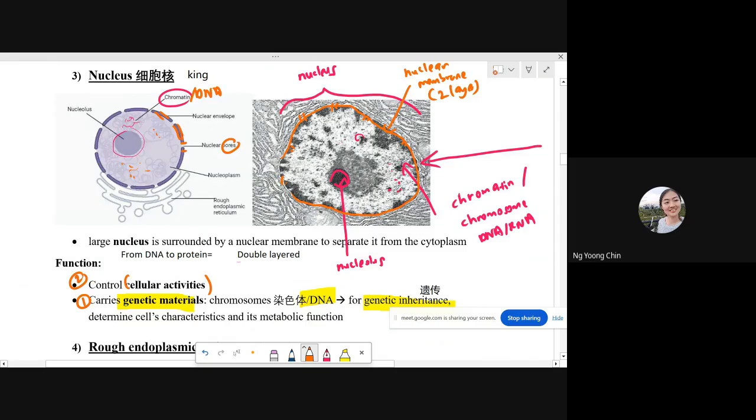So now we already finished talking about the nucleus, right? Now we will continue talking about outside of the nucleus. As you can see, this nucleus membrane, we also call it the nuclear envelope. Nuclear envelope and nuclear membrane are the same, yeah? This nuclear envelope is continuous with the membrane outside.